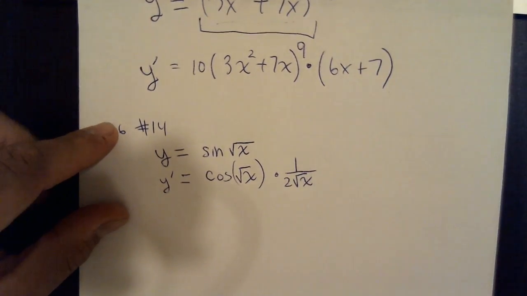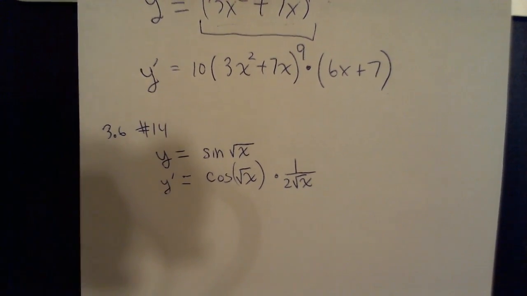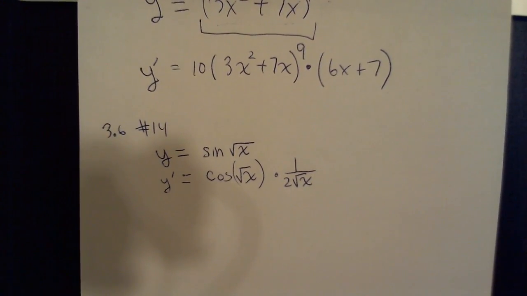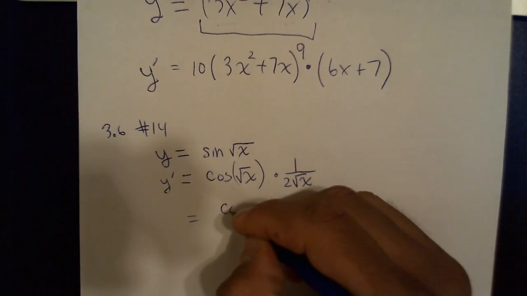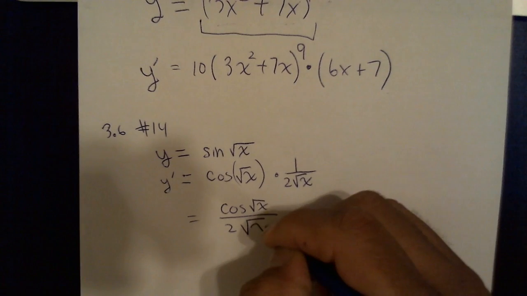Or you can just apply the power rule: 1/2, bring it out in front, drop the power by 1, and we get x to the negative 1/2, which is down here. So just rewriting this, it should look like that.